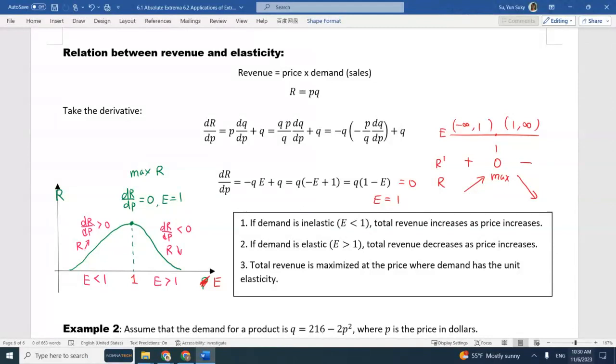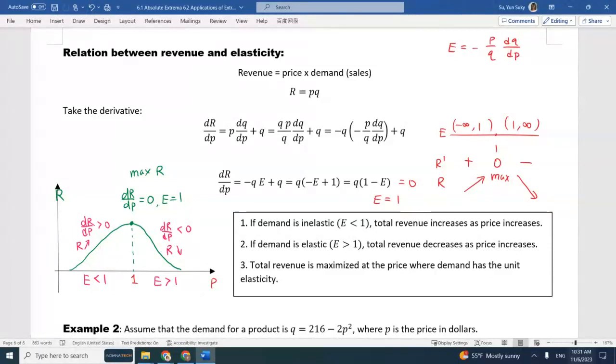Okay, let's see. All right, so I think this is P, this is not E. Okay, I think this is P. But let's figure out whether E and P increase at the same time. If you look at E, E is negative P over Q times dQ/dP, right?